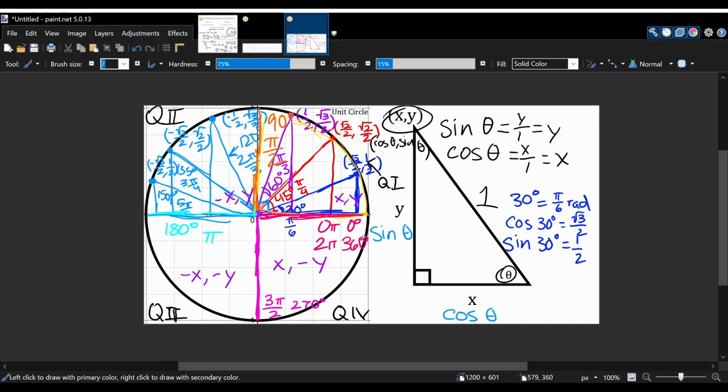And because of the way it continues, it goes 2 pi and it resets, that's why you get the shape that you will for the sine and cosine functions.